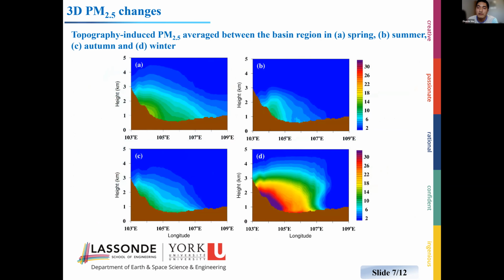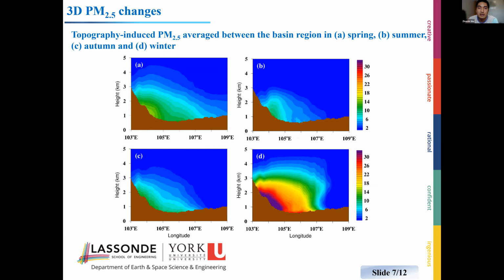In terms of the vertical distribution of PM 2.5 changes, there are west to east horizontal gradients in 4 seasons, and the high concentrations of PM 2.5 are stacked at the slope of the eastern Tibetan Plateau with the terrain block. Especially in winter, a thick layer of the enhancement can reach up to around 4.5 kilometers.